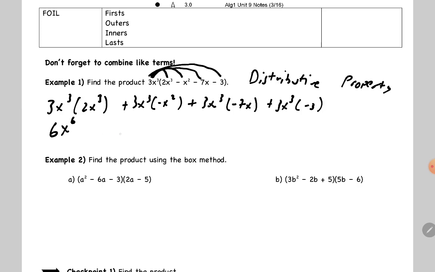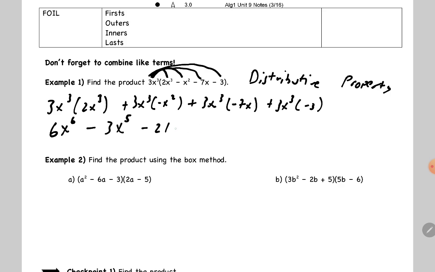Okay, and then 3x cubed times negative x squared is negative 3x to the 5th, because x cubed times x squared is x to the 3 plus 2. So we're just adding our exponents. 3 times negative 7 is negative 21.